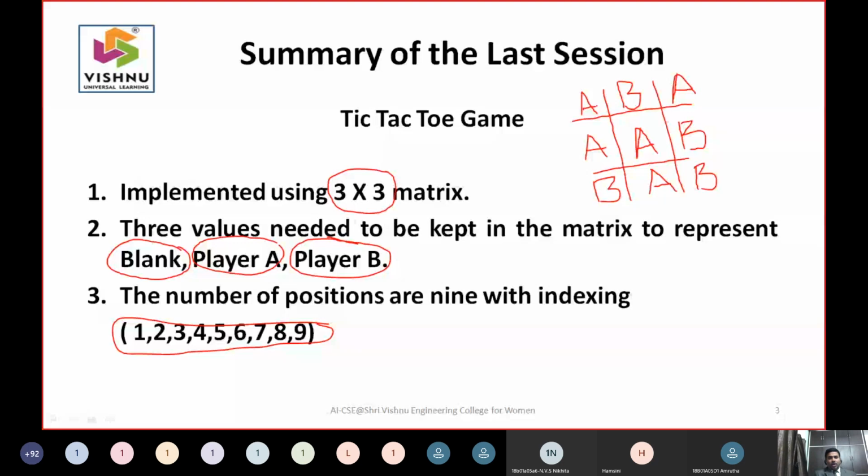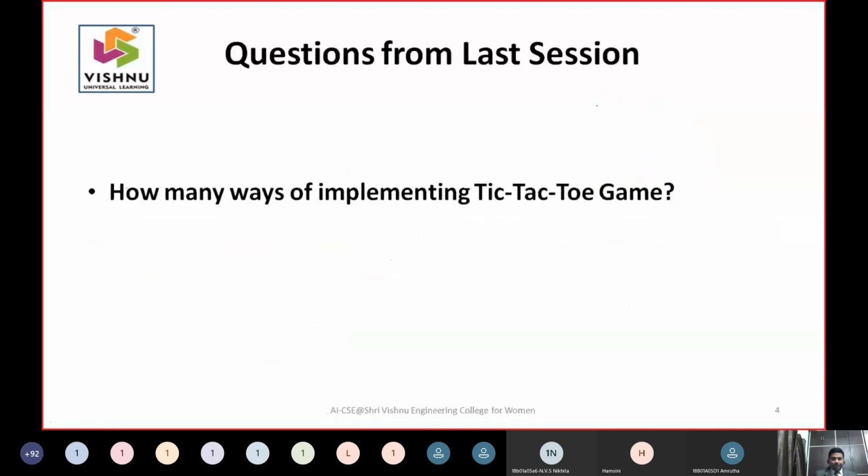So the question is, how many different ways of implementing this tic-tac-toe game are there? That's what I have written here. Can somebody unmute yourself and answer this question? How many ways of implementing this tic-tac-toe game, as per your perception? Can somebody unmute yourself and answer this query? In what ways can we implement this tic-tac-toe game?